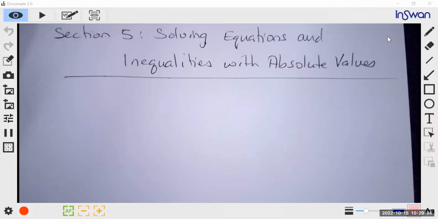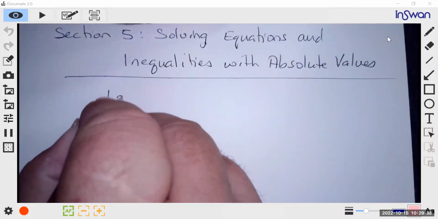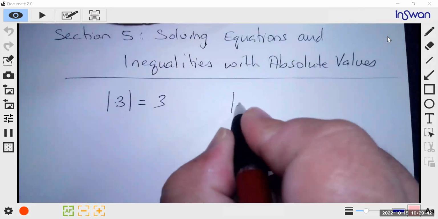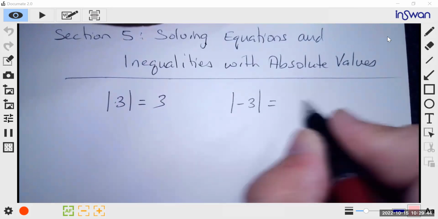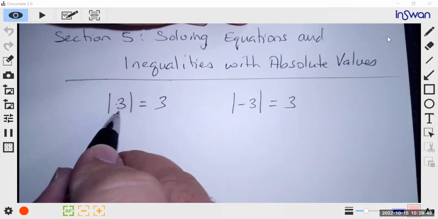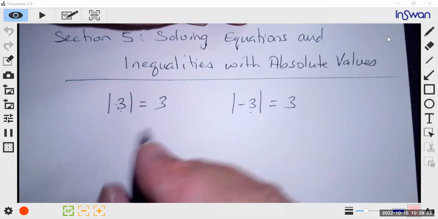This is pretty straightforward. So if we had absolute value of 3, what does that equal? If I had absolute value of -3, what does that equal? So inside there, I can put a positive or negative. It gives me the same answer.